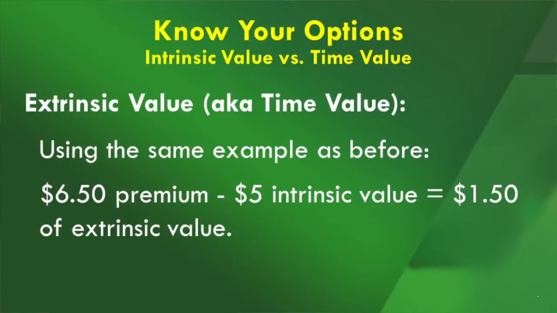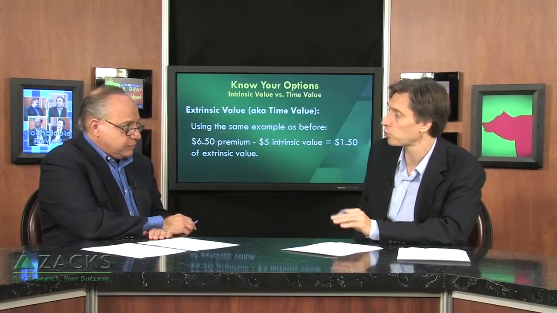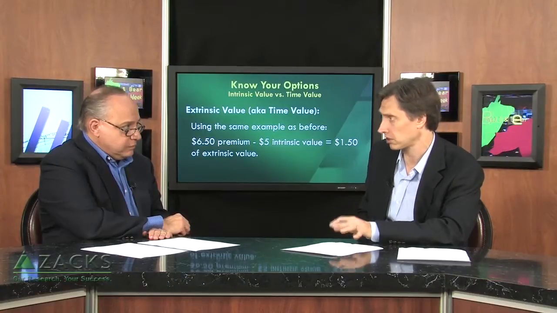So to continue with that example, if you have a $6.50 premium, and $5 is intrinsic value, the $1.50 is comprised of extrinsic value. So 77% is intrinsic, the other 23% is extrinsic or time. So it is very, very important to understand the difference when you are making your option selection.